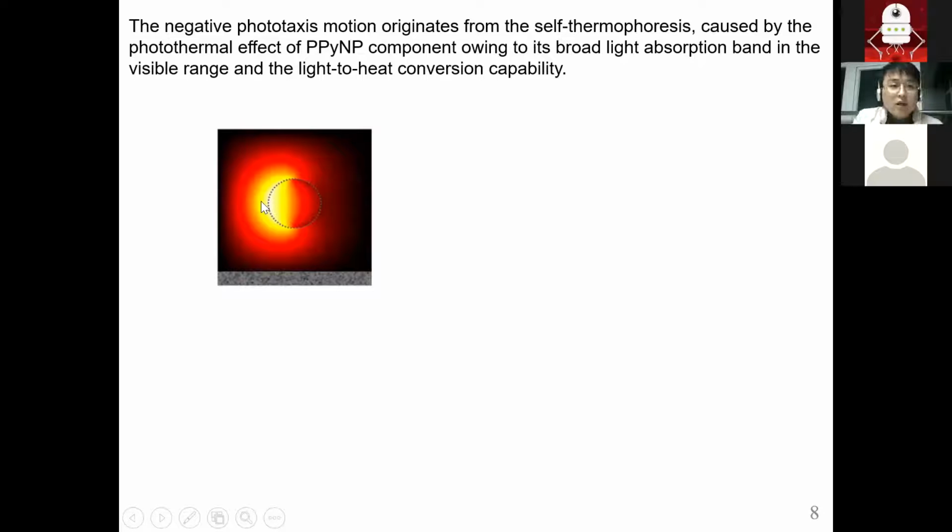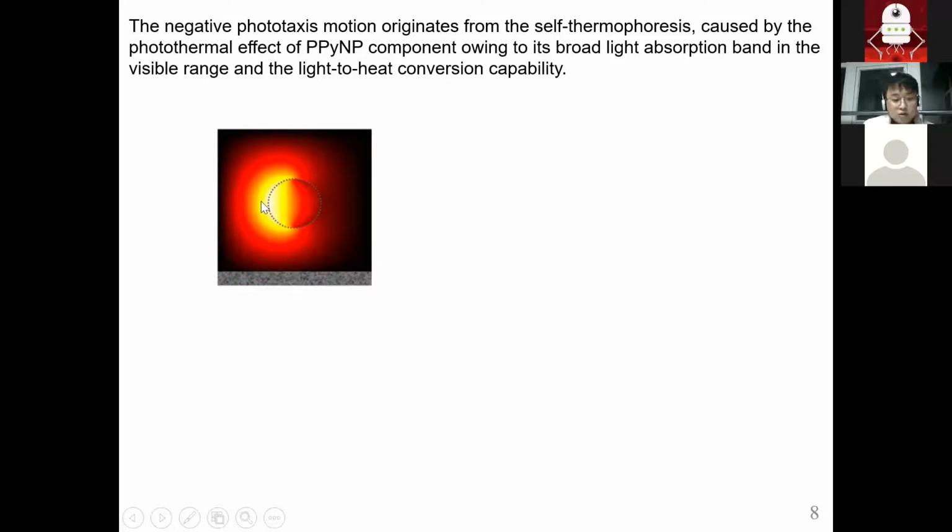So the self-thermophoretic force Ft is proportional to the self-generated local thermal gradient, as in this equation, where kB is the Boltzmann factor, ΔT is the temperature gradient, and αT is the thermal diffusion factor.